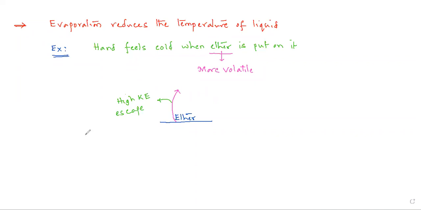Now, when molecules having high kinetic energy escape, the remaining molecules, the molecules that are left out on hand, possess lesser kinetic energy, right? Because anyway, the molecules having high kinetic energy have escaped out.